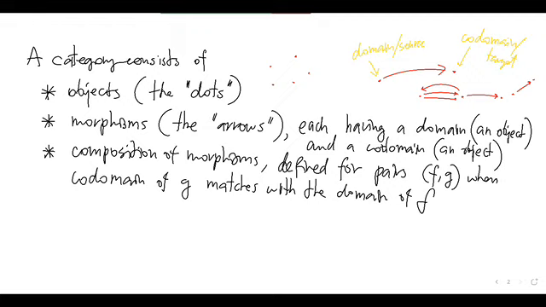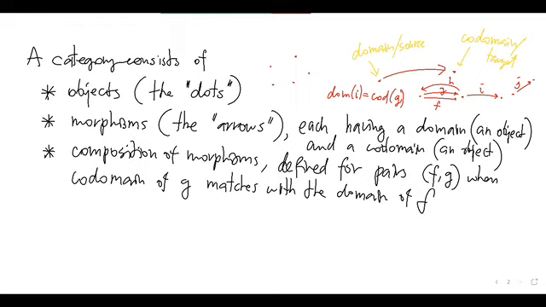So if I call these things F, G, H, I, J, then we can see from here, let's say that the domain of I matches with the codomain of G. But there are also other domains and codomains which do not match with each other.